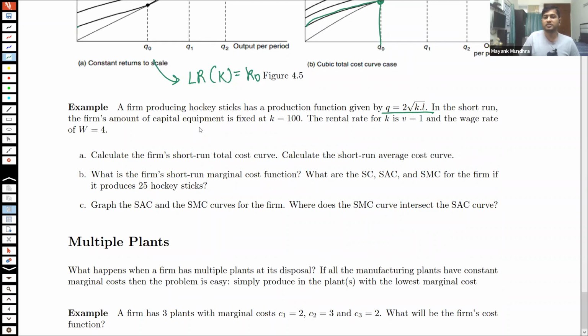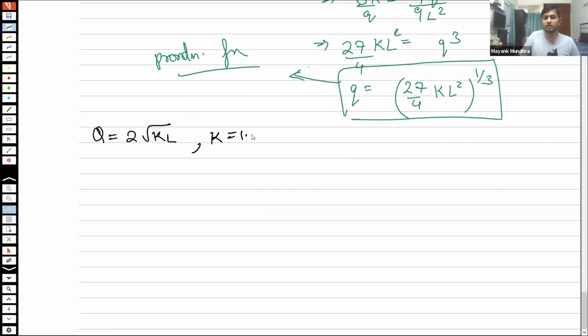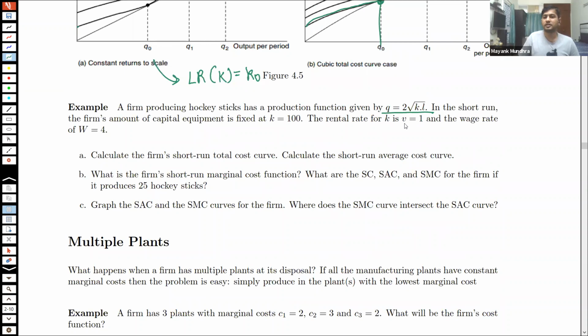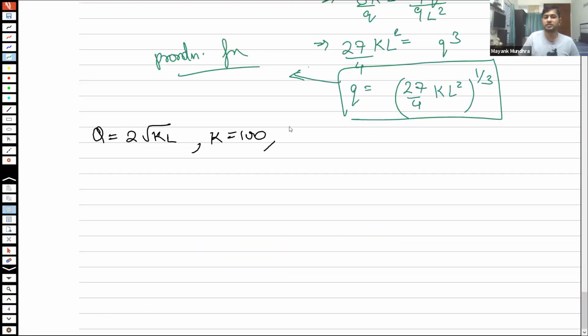In the short run, the fixed amount of capital is K equals 100. The rental rate is R equals 1 and the wage rate is W equals 4.